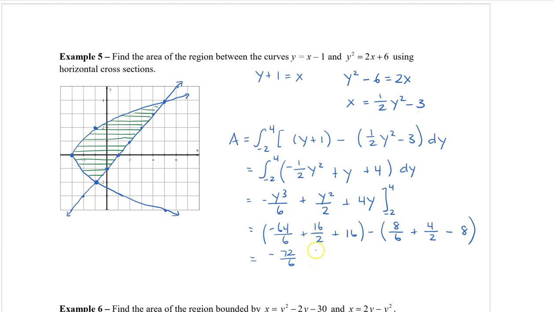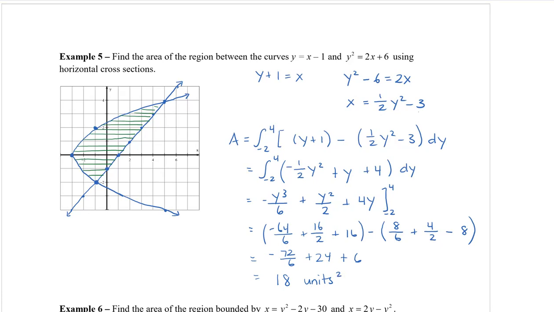And then plus 8 and 16, so that's going to be 24. And then 2 minus 8, that will give us -6, but we have that negative, so we're going to have plus 6. So joining all of this together, -12 plus 24 plus 6 is going to give us 18 units squared.